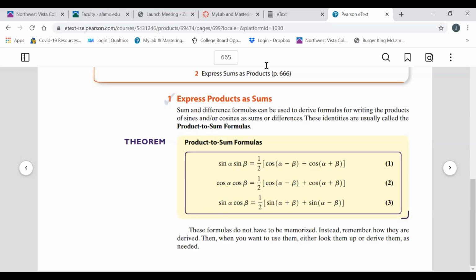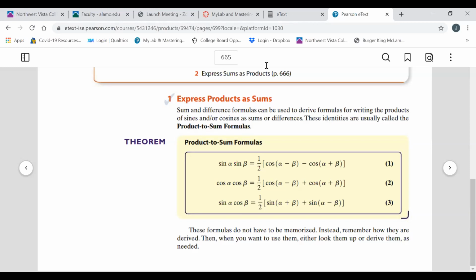The second one is cosine alpha times cosine beta. That's equal to 1/2 bracket cosine alpha minus beta in parentheses plus cosine alpha plus beta, close bracket.